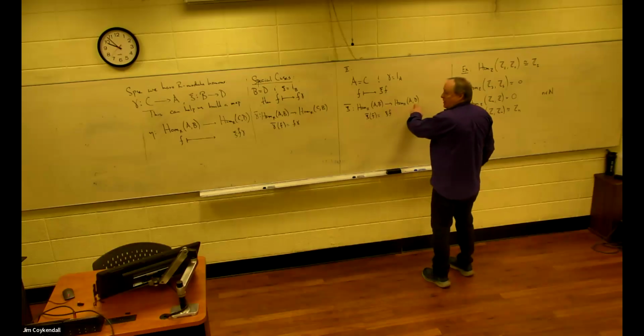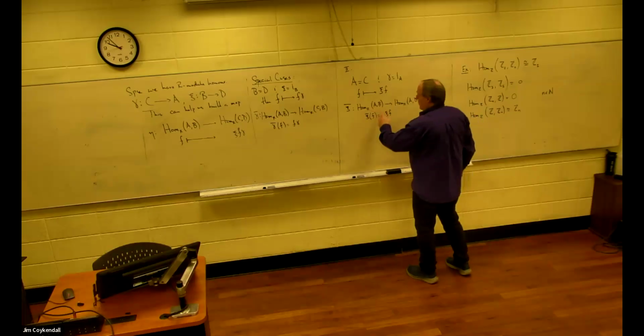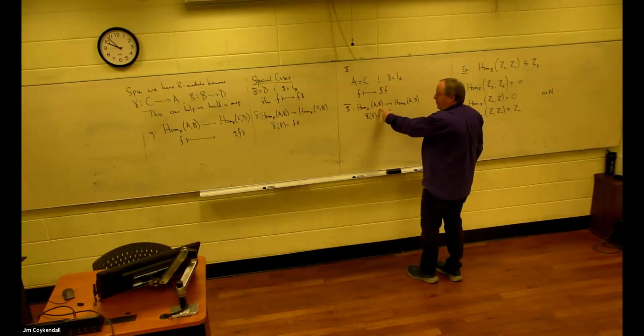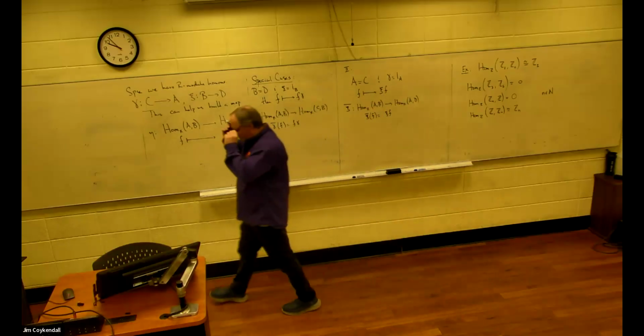Notice now we're letting the second coordinate vary, and in this case, it goes in the right order. The original tornado went from B to D, and this makes the homs go this way in this composition. This is called covariant Hom.